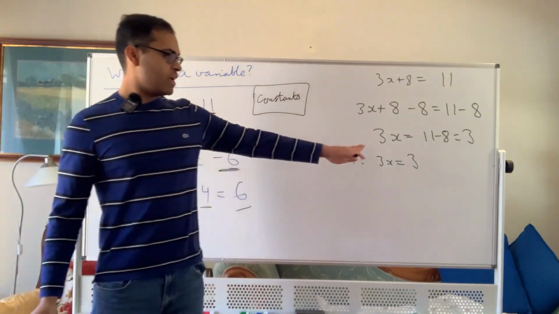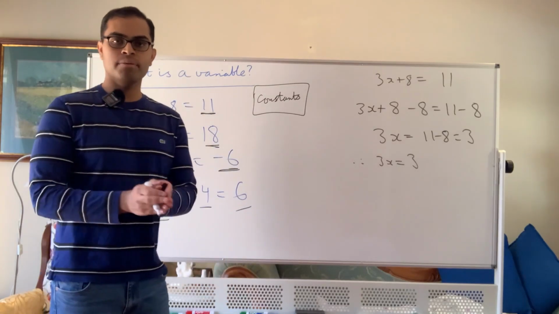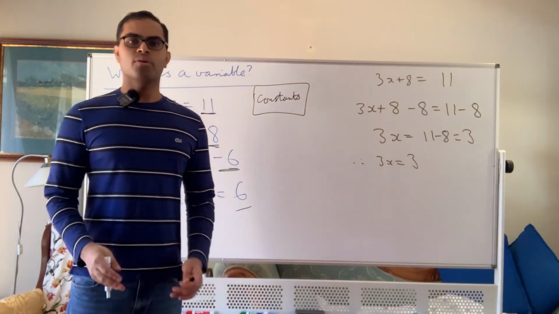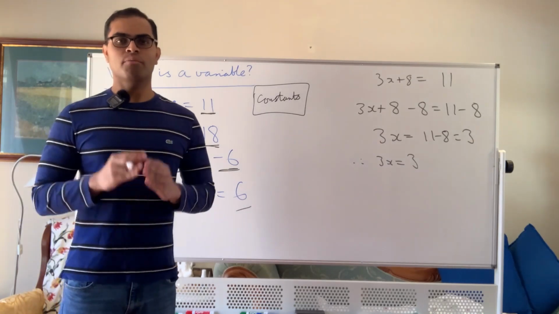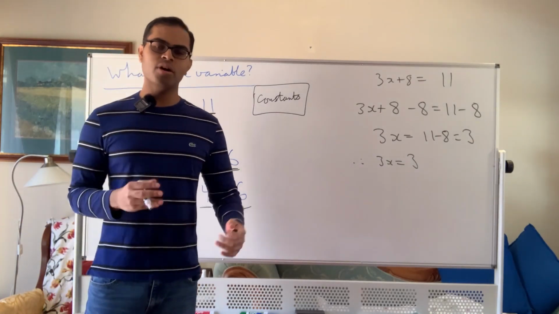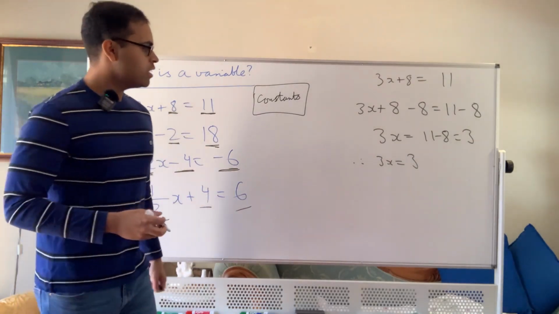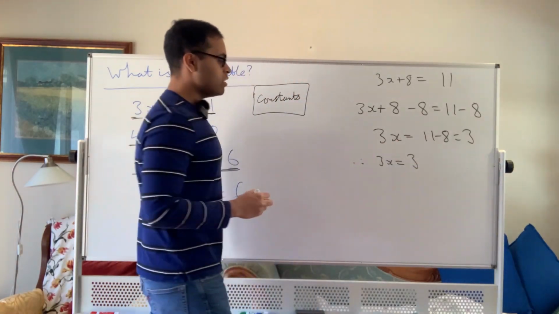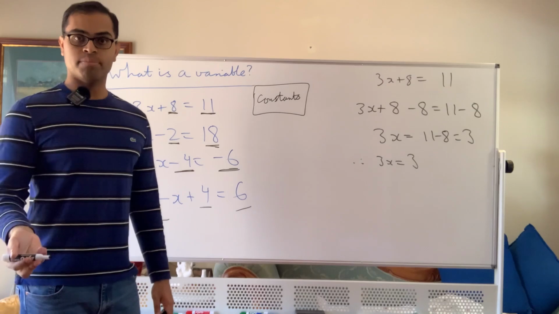Now when we have 3x is equal to 3, we know 3 times something is equal to 3. What is the something going to be? I want you to think about this as I'm talking. The something is going to be 1, right? But another way of looking at it is that because two things are equal, you can divide both sides by 3.